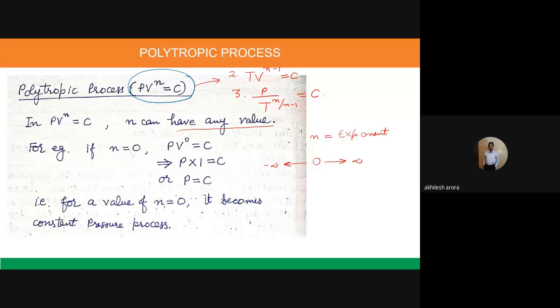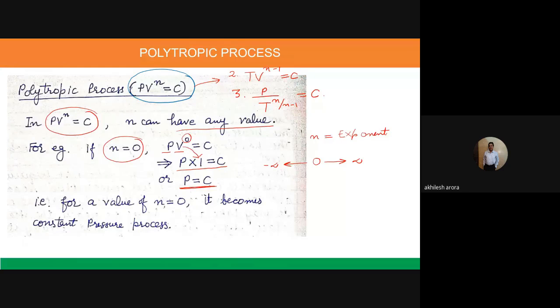Now let us try to understand the meaning of the polytropic process here actually. So for example, this is the polytropic process, PV raised to power n is equal to constant. If I take the value of n equal to 0, then instead of n I put 0 here, so PV raised to power 0 is equal to constant. So V raised to power 0 becomes 1. So finally I get P is equal to constant.